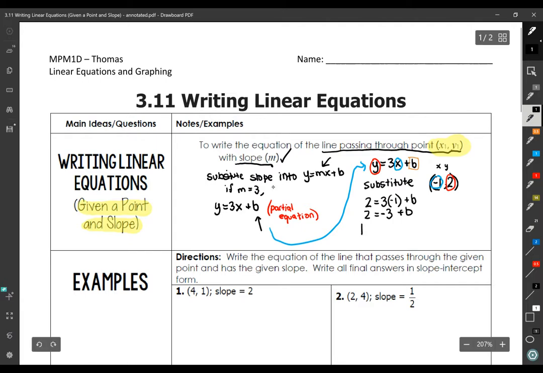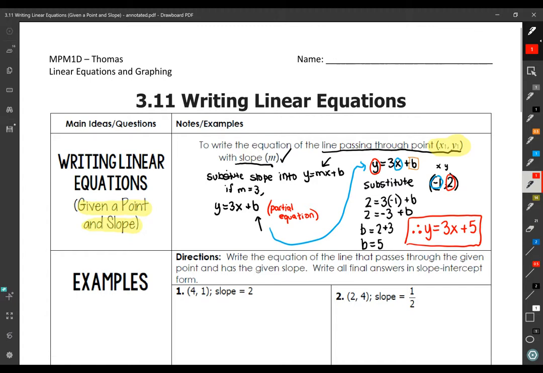And then finally, we can solve for b, right? b is equal to 2 plus 3, giving us b is equal to 5. Okay? So now I'm ready to write my final equation, right? So therefore, the final equation is y equals 3x plus 5. And I solved for it. So I solved for my b.